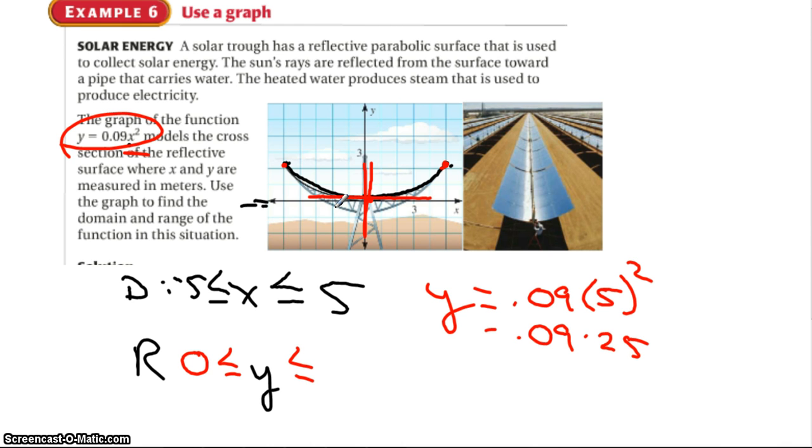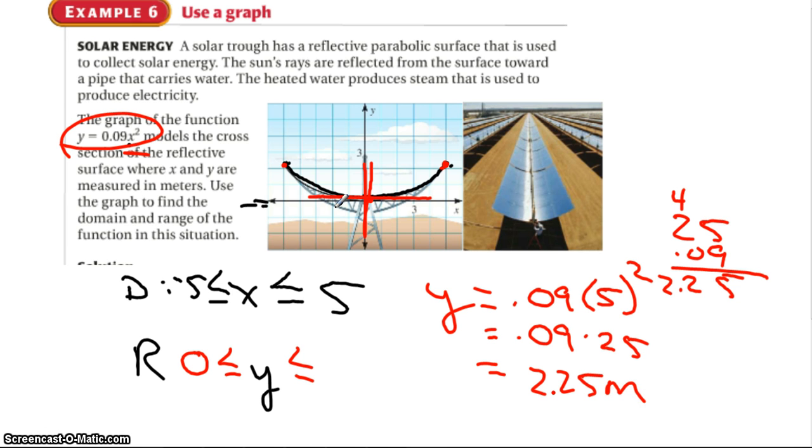Does anybody know what that is? 5 times 9? 45. 18 plus 4? 42. How many decimal places? There it is, 2.25. And what were the units here? Meters. So there you go. It can be as high as 2.25 meters.